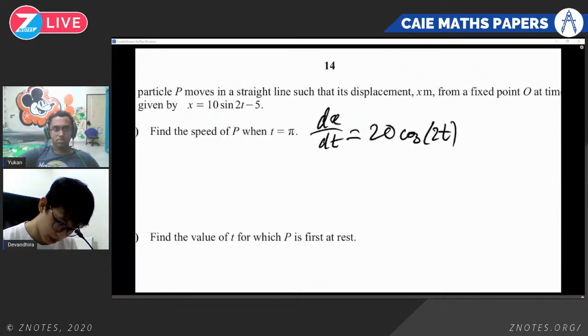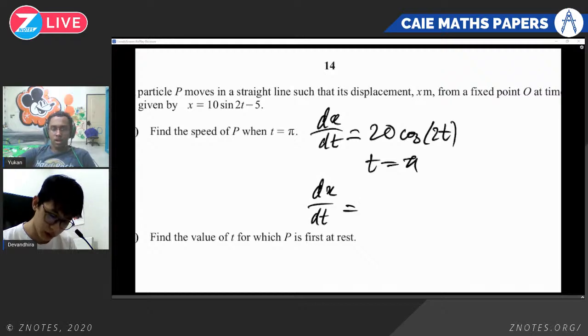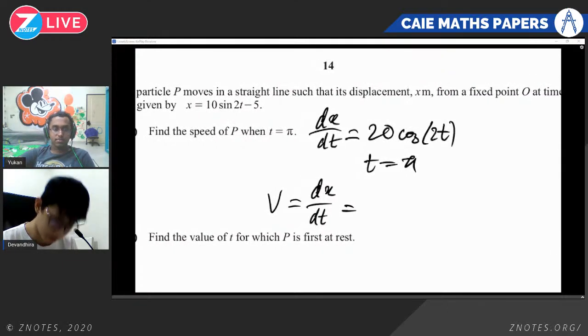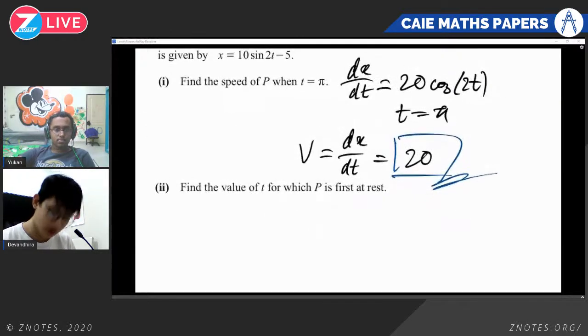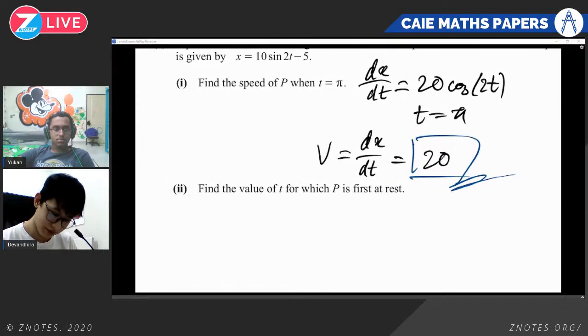When t is pi, we have dx/dt equals 20 cosine of 2 pi. What's cosine of 2 pi? That's just 1. So 20 times 1 is just 20, and that's your answer. Ta-da! Is that right?